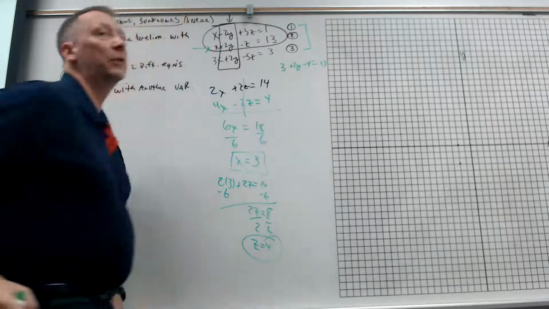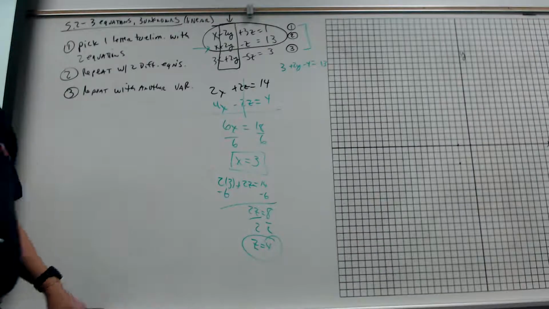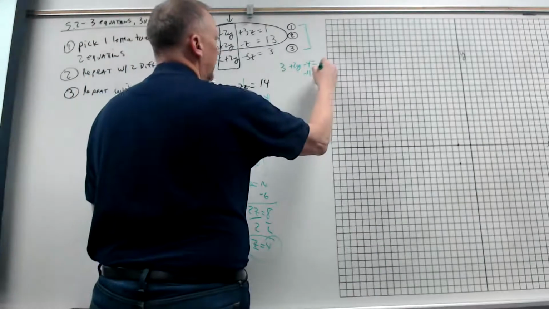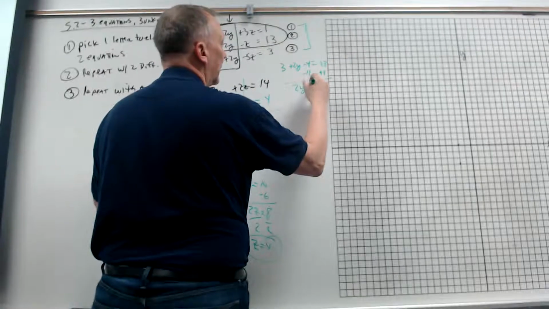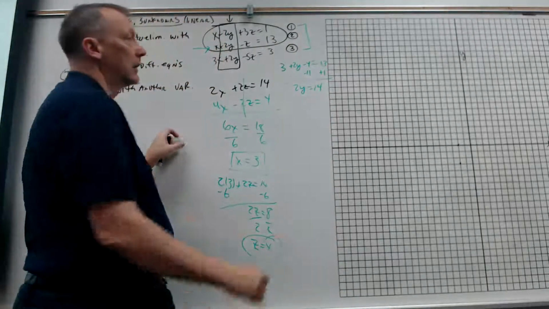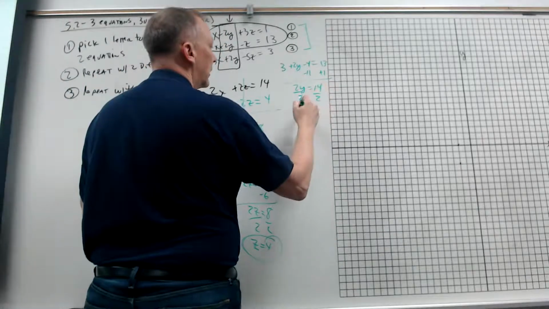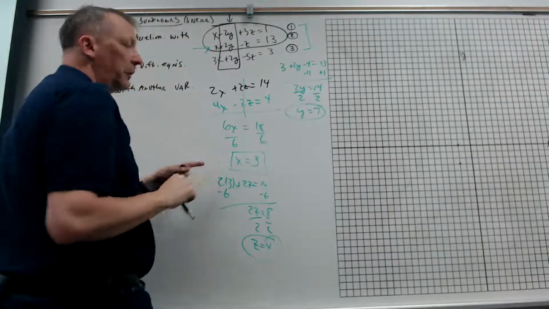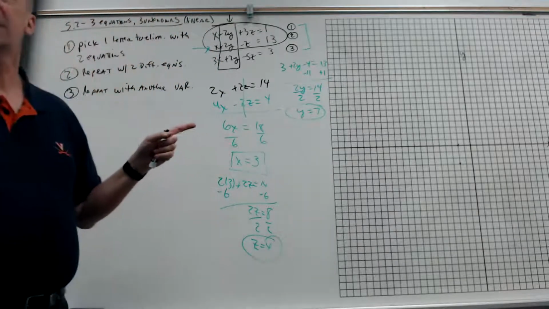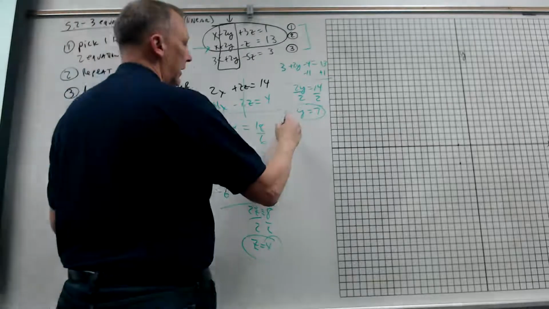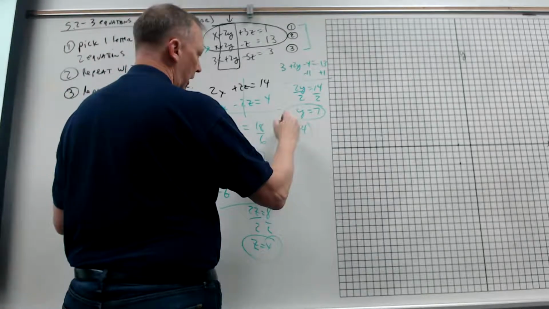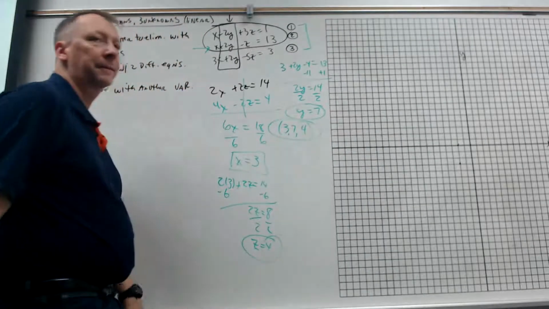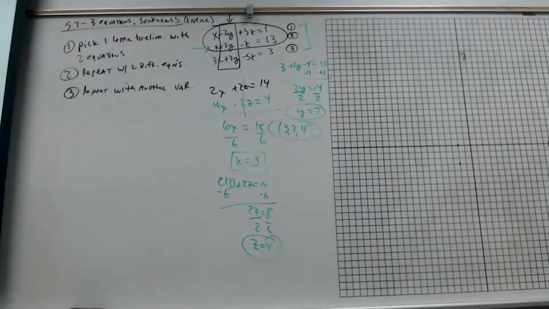So 3 minus 4? Negative 1, so we're going to add 1 to both sides. 2y equals 14. Divided by 2. y equals 7. Okay? So if we were to write this as an ordered triple, it would be 3, 7, 4. All right, piece of cake.